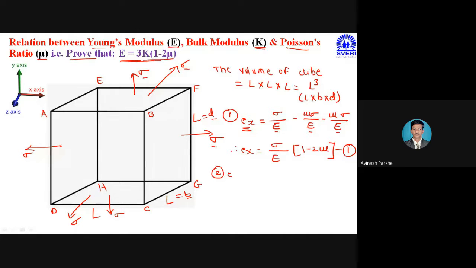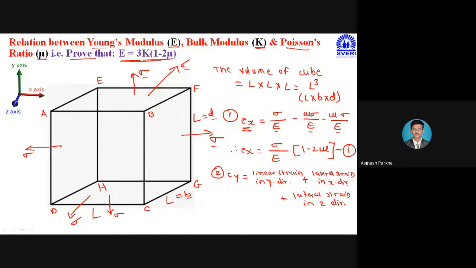Similarly, if I have to calculate epsilon y, I will write the formula for your understanding: epsilon y is equal to linear strain in y direction plus lateral strain in x direction plus lateral strain in z direction.